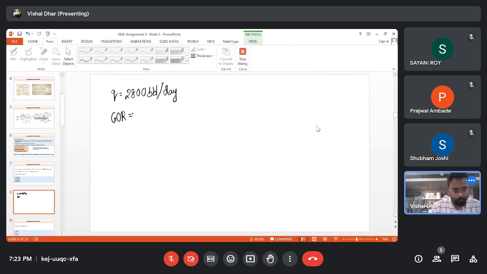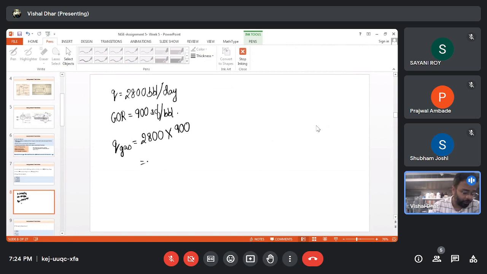GOR equal to 900 SCF per barrel. Flow rate of gas equal to 2800 into 900.